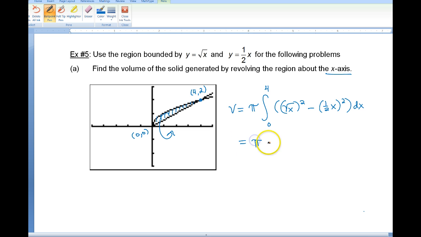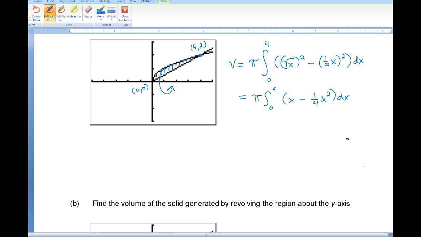So here we get x minus 1/4 x squared dx. Right, just go ahead, if you want, and plug it in. We should get, what do we get? I only have the exact answer here.